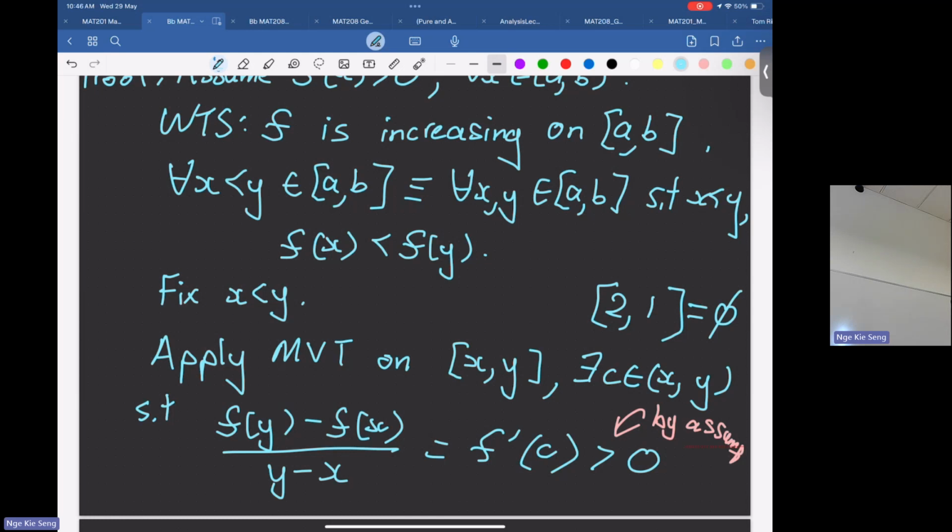Here, this part is always greater than 0. If you don't restrict, you can consider both cases definitely, but for increasing, we just need to check for x less than y.